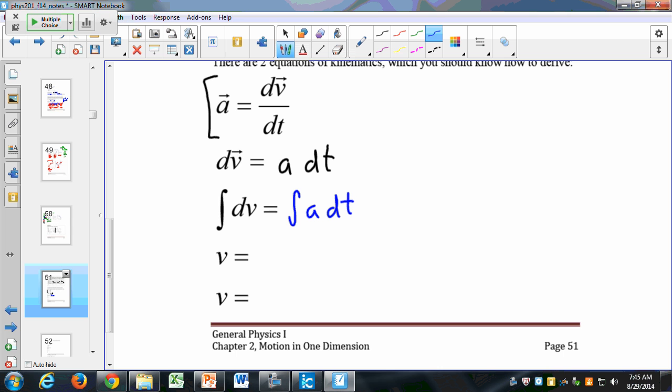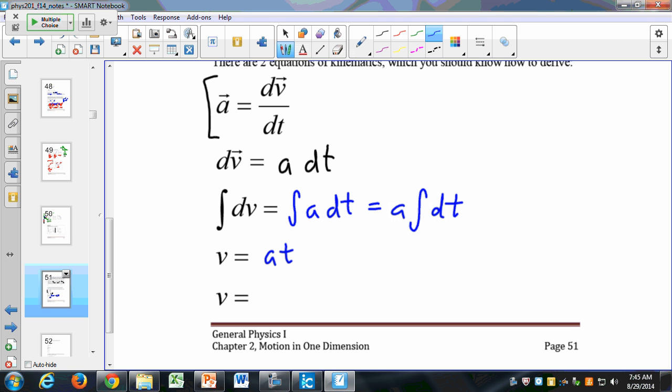And what's the integral of a dt, if a is independent of t? Here we're dealing with acceleration that is constant, so a does not change. So really what I'm asking is, what is the integral of dt? It's just t, right? So the integral of a dt is going to be at.